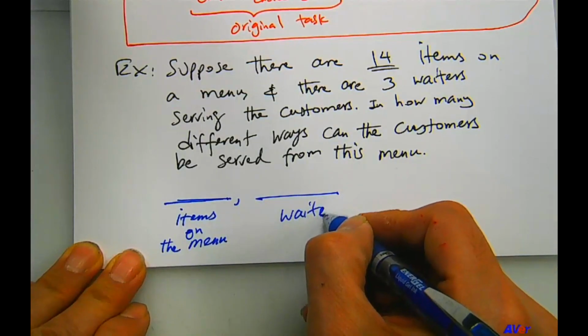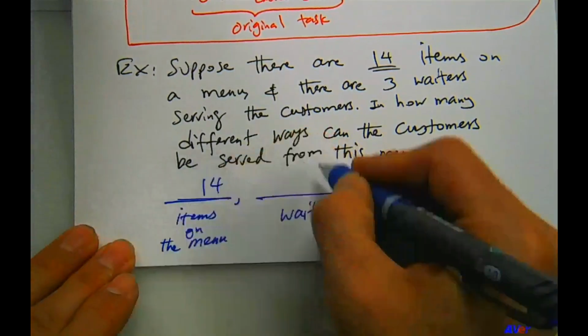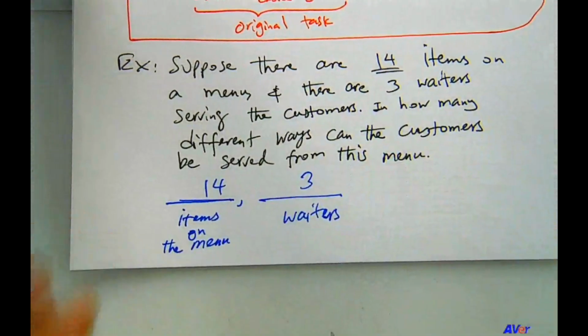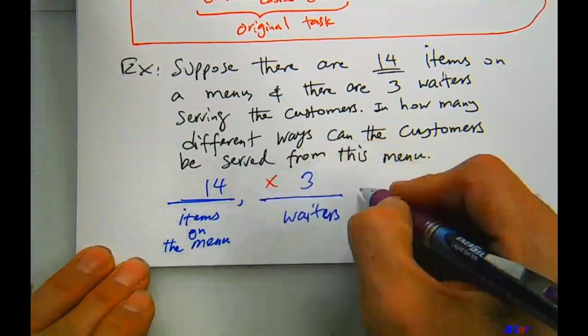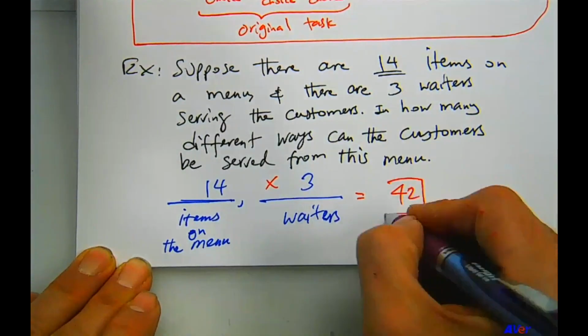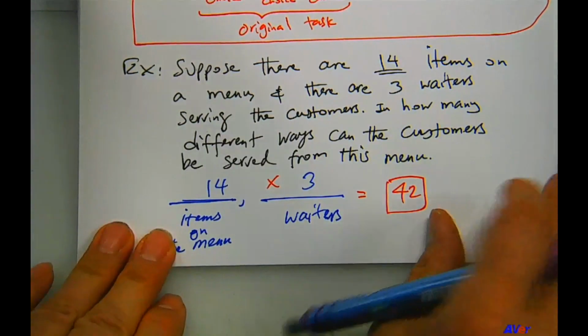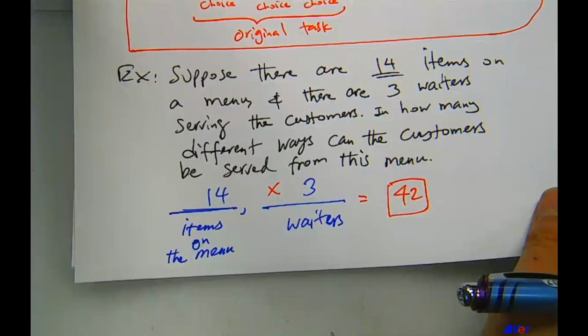We know that there are 14 items on the menu, and that there are 3 waiters to serve customers. So multiplying them by the multiplication principle, we get 42 different ways. There are this many possible ways of being served off of this menu with these waiters at this restaurant. So that's one example of application of the multiplication principle.